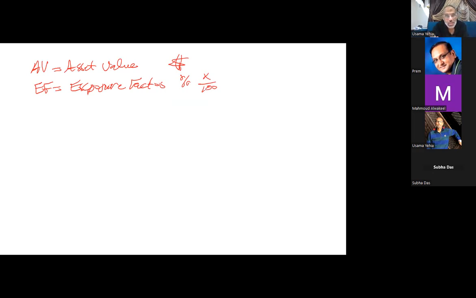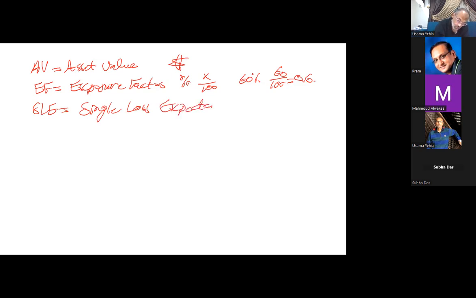If you say 60% and go through the calculation, this is wrong. If the loss is 60%, then it is 60 over 100, equal 0.6. The SLE, which is single loss expectancy, is a dollar value, and it equals AV times EF.